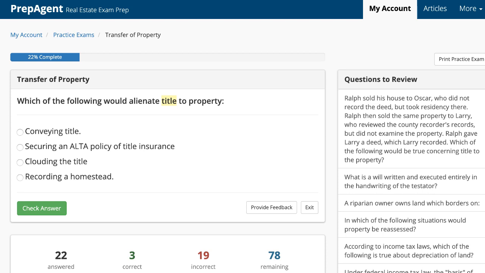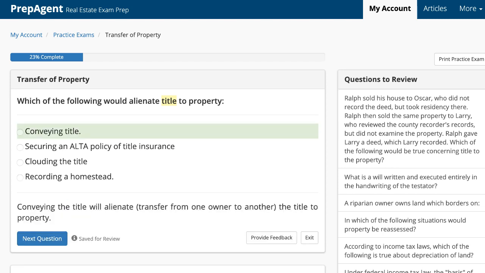What do you guys think? The answer is conveying the title. So conveys to get rid of it. Conveying is to get rid of something.